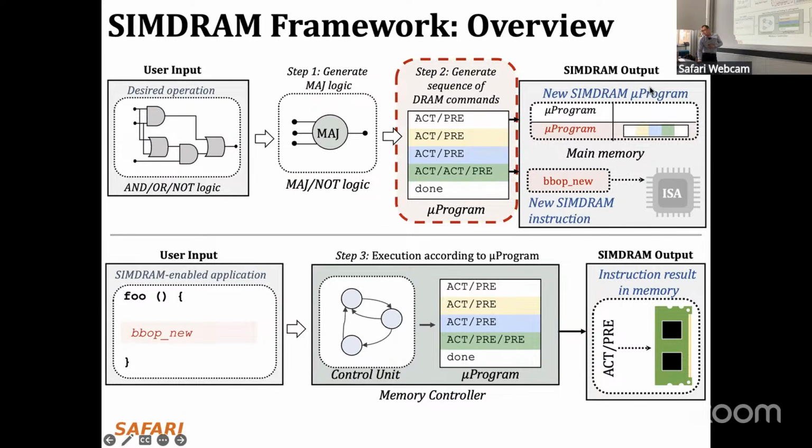And this program is stored with a new instruction that we add into the instruction set architecture. For example, it could be a convolution, right? Whenever you get a convolution that is compiled into the program, it's essentially just like any other sequential instruction, except this gets recognized and shipped to the memory controller, and the memory controller executes this microprogram on the memory side and returns the result. So that's the idea, basically.